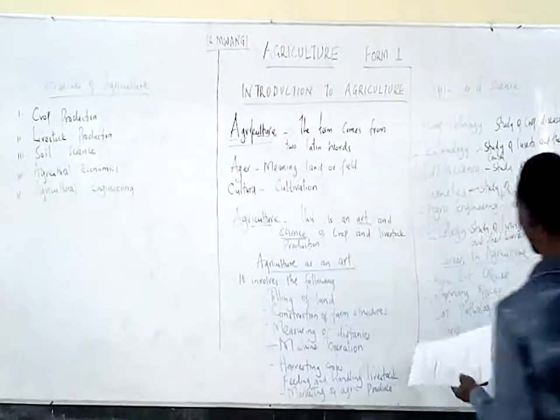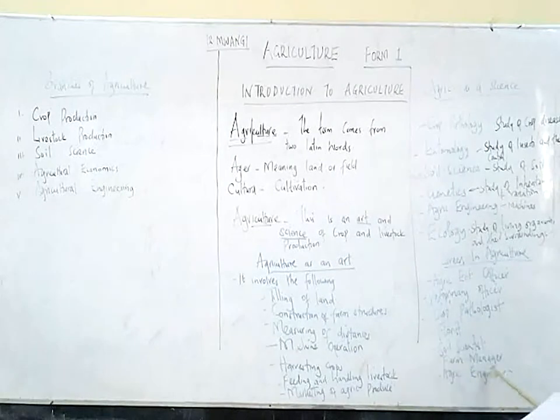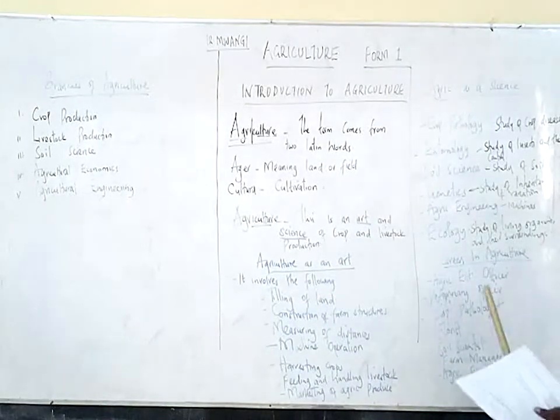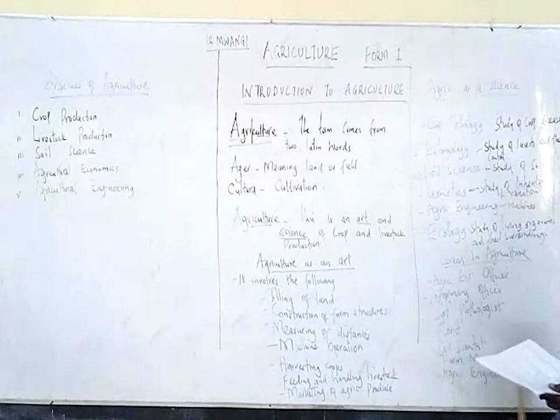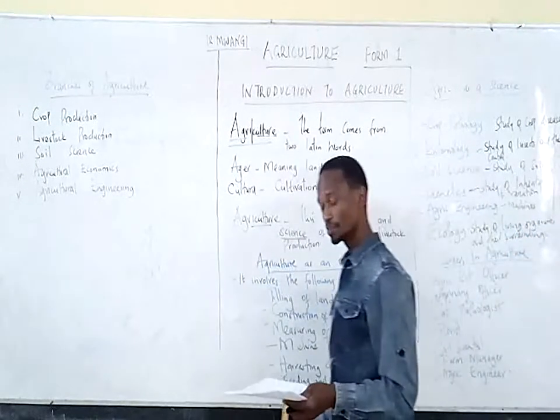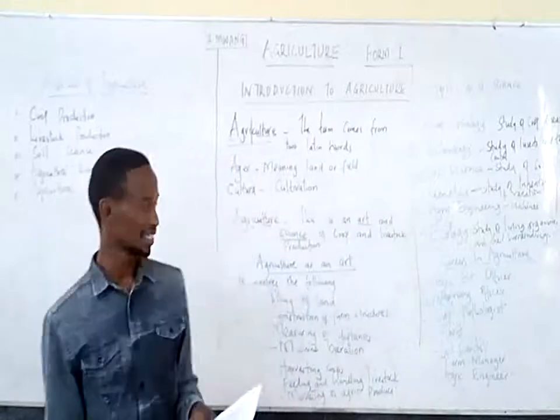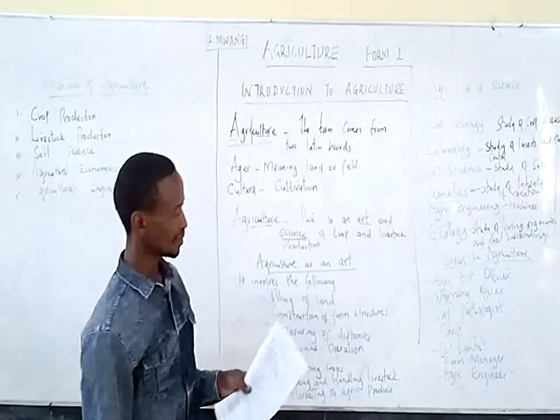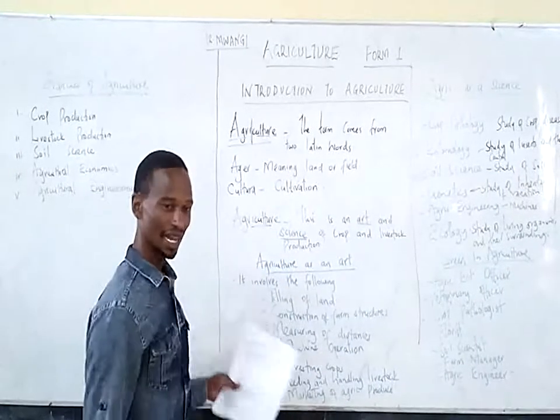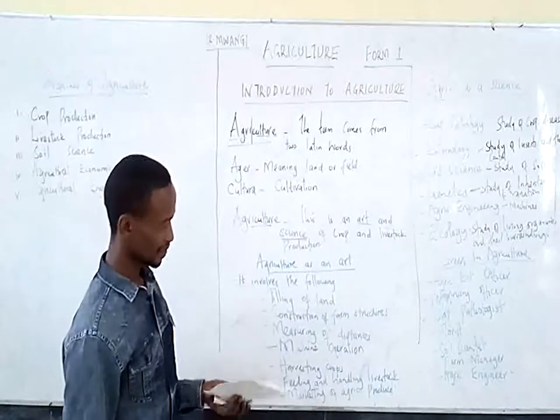Then again, we have another career. You can become a farm manager if you pursue agriculture as a career. And a farm manager is the person who is responsible for the day-to-day activities in the farm and is accountable for all the labor and everything that takes place in the farm.